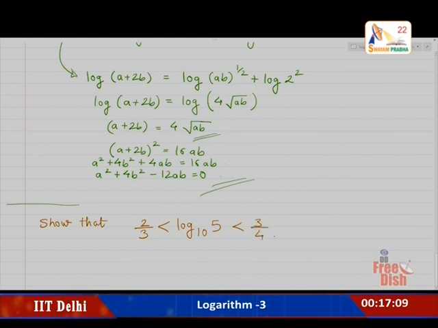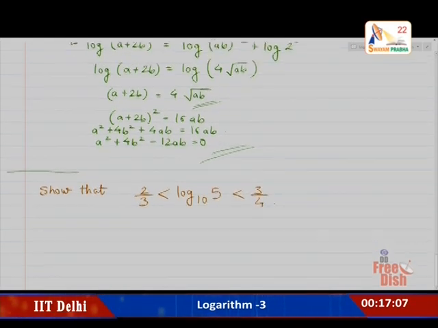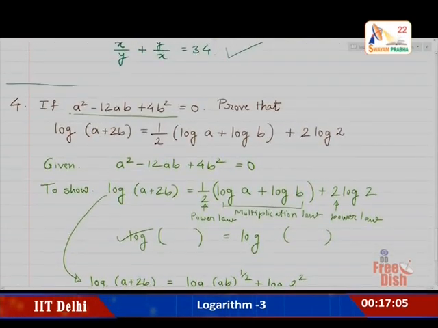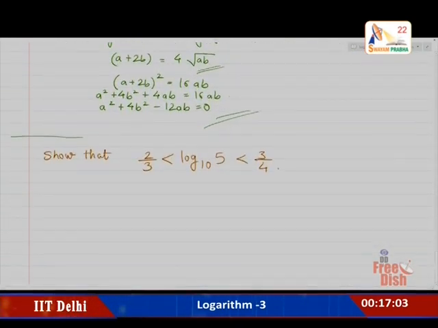How will you prove this? And so, what is the question number here? It should be 5. 5 is the question number. So, in order to prove this inequality, I will split it into 2.